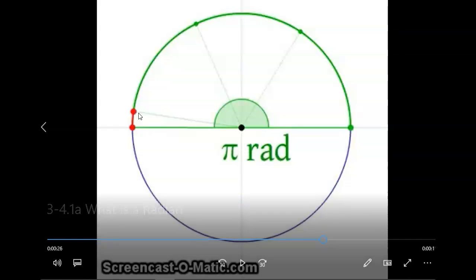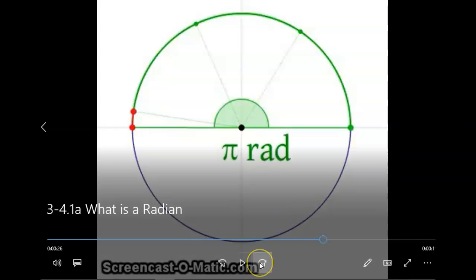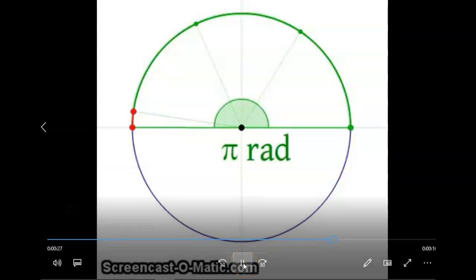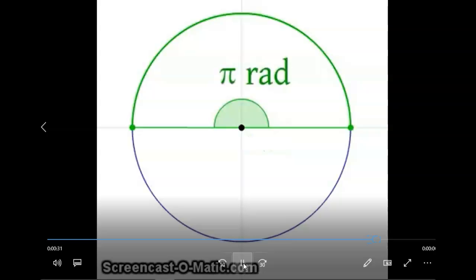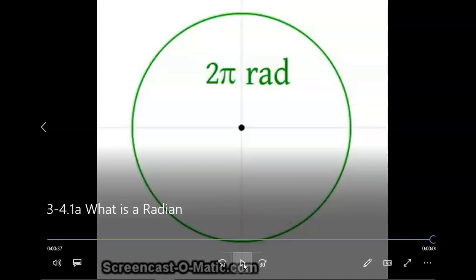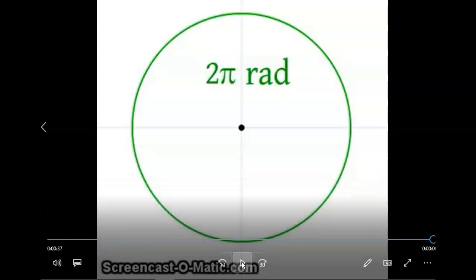Make sense? Because it's a little bit more than 3 radians. So halfway around the circle, we would expect 1 pi radians, and around the entire circle, we would expect 2 pi radians. Okay, so makes sense for radians?